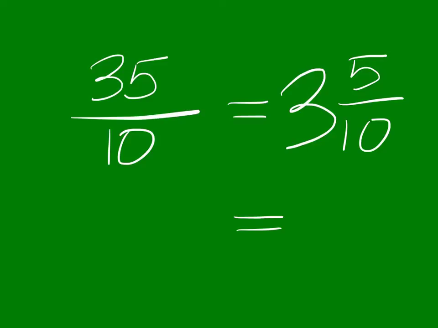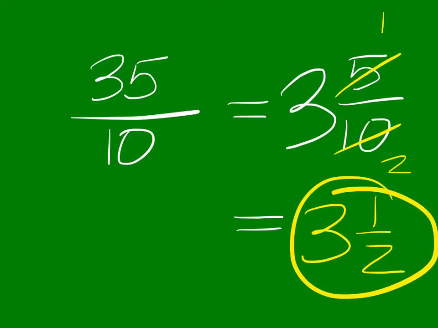Nope, 2 won't go into 5. It must be able to go into both numbers. 5 will go into both of them. 5 into itself how many times? How many times does it go into 10? 2. 3 1/2 is the answer.